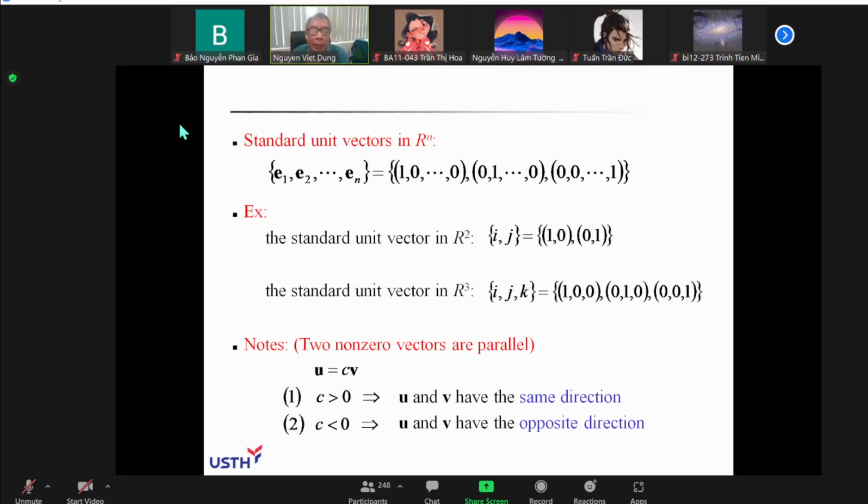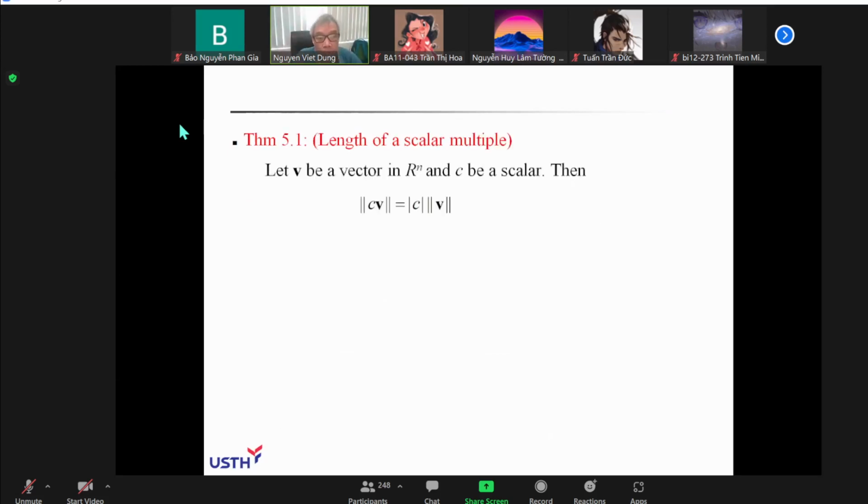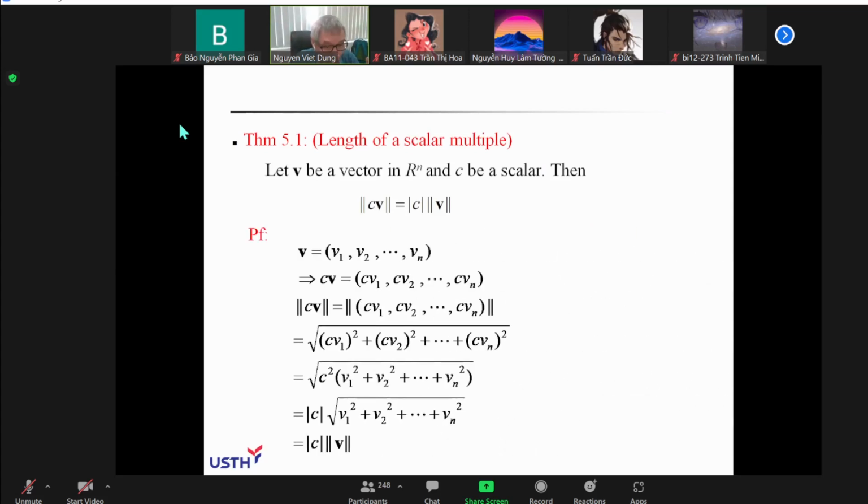So that is the case for non-zero vectors which are parallel to each other: same direction or opposite direction. Next, that is property number 4, which I explained before, so I will not repeat it here. If you want to see why, it is explained in the slides on Moodle.